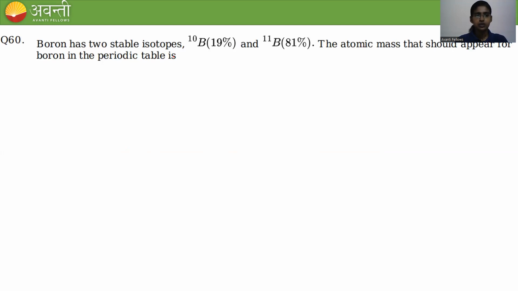Now coming to the last question for this session. Boron has 2 stable isotopes, boron 10 and boron 11. The atomic mass that should appear for boron in the periodic table is? The atomic mass is nothing but the average atomic mass represented in the periodic table. Now we have to calculate the average atomic mass.